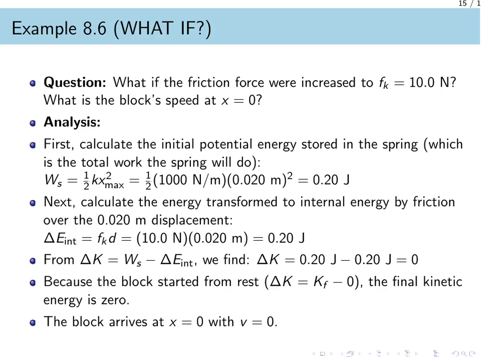So, delta K equals 0.20 joules minus 0.20 joules, which is 0. Because the block started from rest, a change in kinetic energy of 0 means its final kinetic energy is also 0. The block arrives at x equals 0 with a final speed of 0.